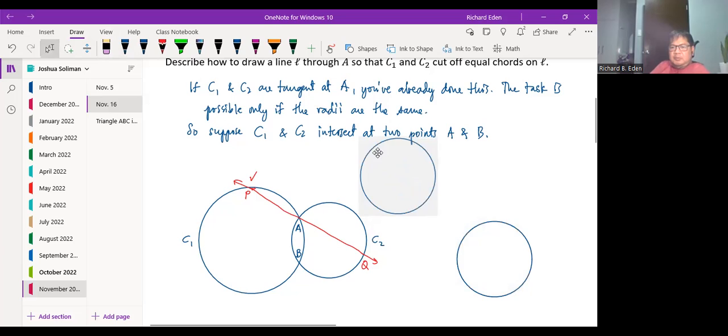That will be brought to another circle, rotated by 180 degrees, but the image would be another circle. What's going to happen is that the image of point Q will be point P. So if point P is in C1, then point P is also going to be in the image of circle C2.